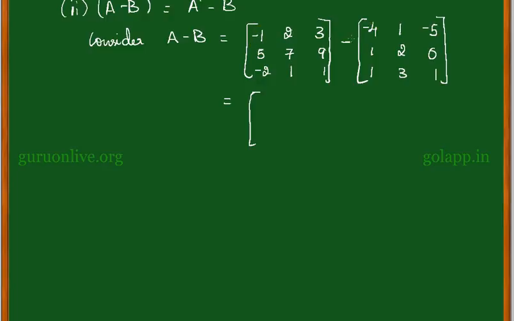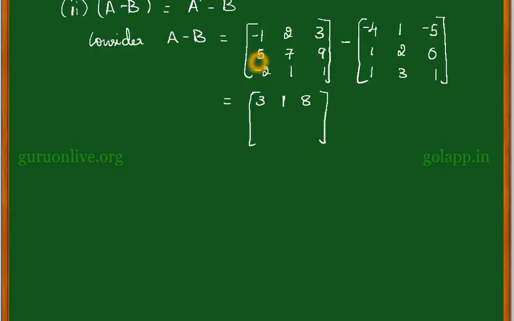So minus 1 minus of minus 4 is 3. Similarly we have the second element 2, corresponding element 1. So 2 minus 1 is 1. And the third element is 3, corresponding element is minus 5. So 3 minus of minus 5 is 3 plus 5, 8.